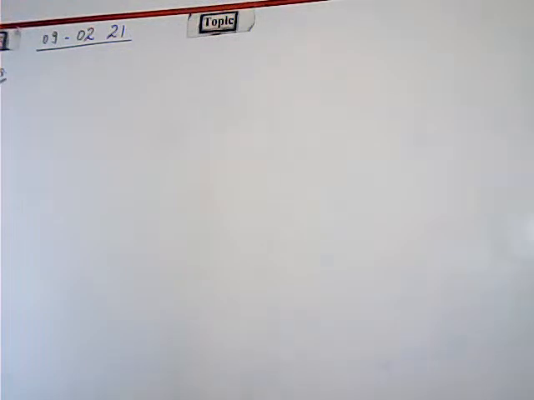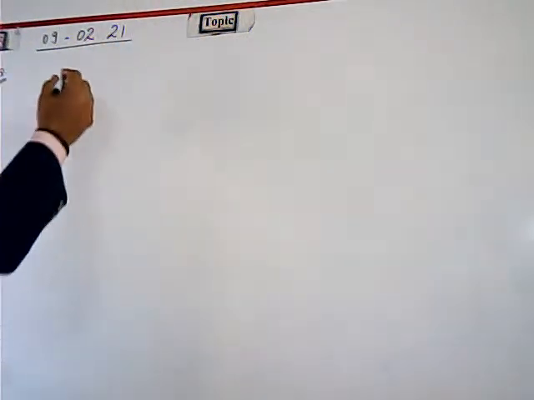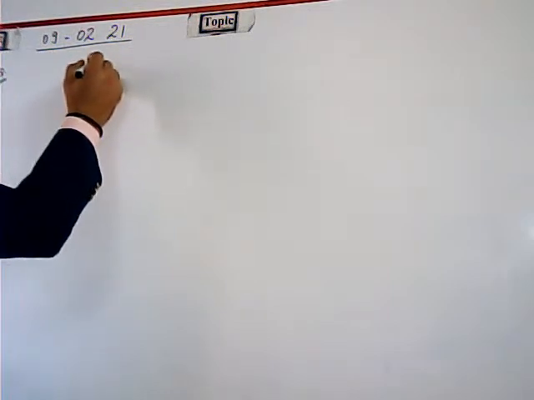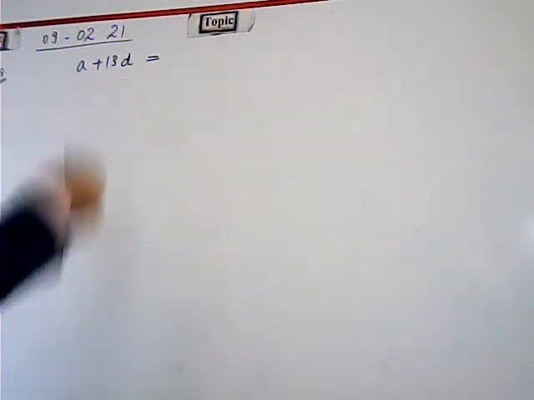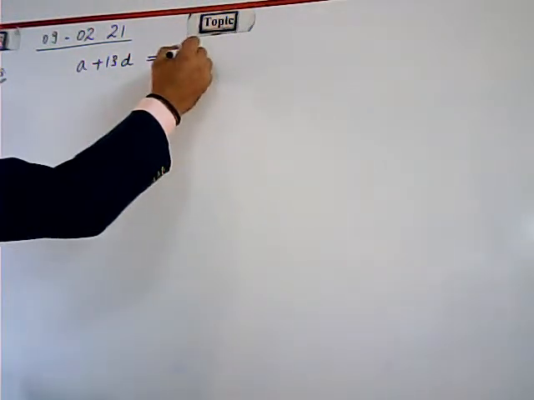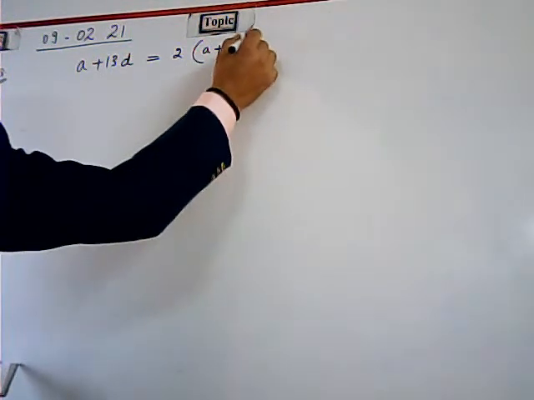Question is, if the 14th term is equal to 2 times the 8th term and the 6th term is minus 8, find the sum of first 20 terms, right? I'm writing the statement: a plus 13d, meaning the 14th term of AP, is equal to 2 times its 8th term.